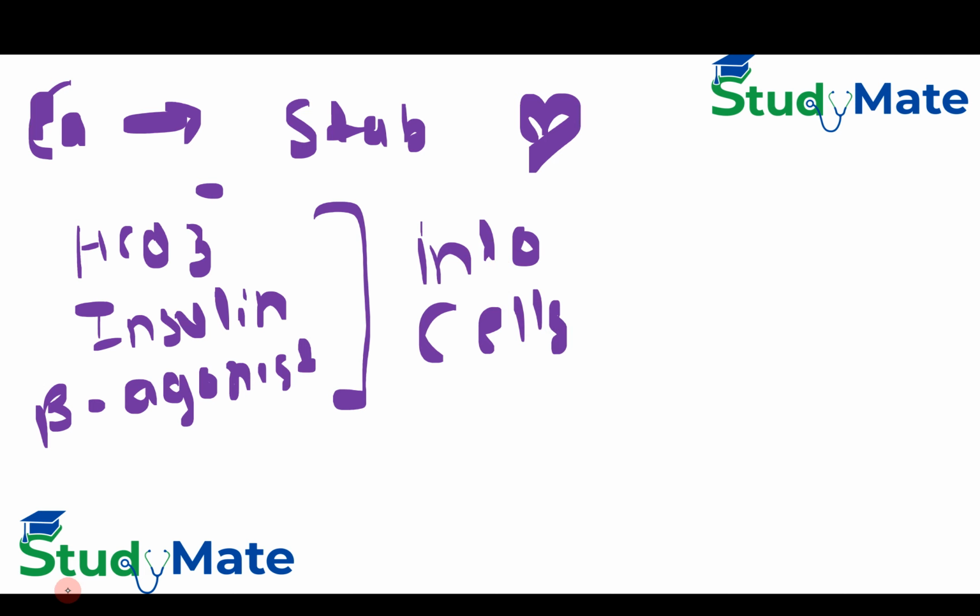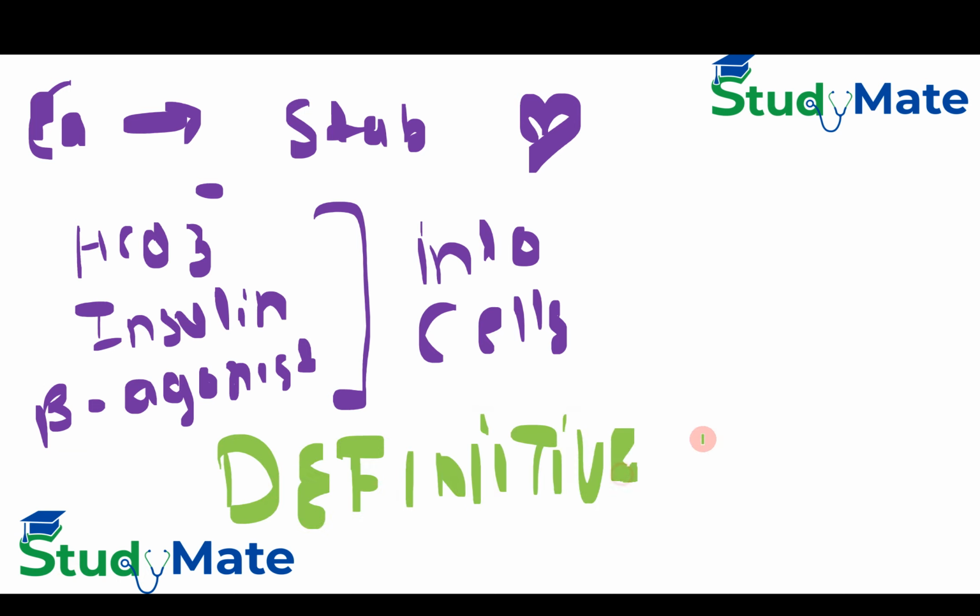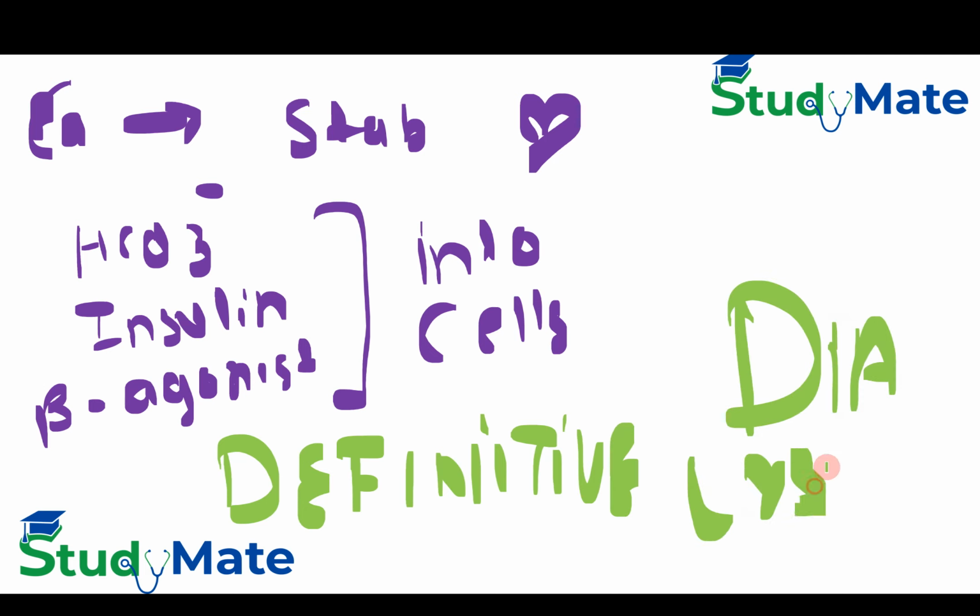And if they are asking what is the definitive treatment of hyperkalemia, the definitive treatment of hyperkalemia is dialysis. This is very important. Dialysis is the definitive treatment of hyperkalemia. And one more thing, if even by all these techniques hyperkalemia is not resolved, what you will do?